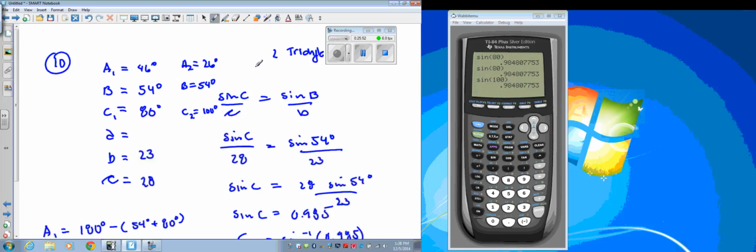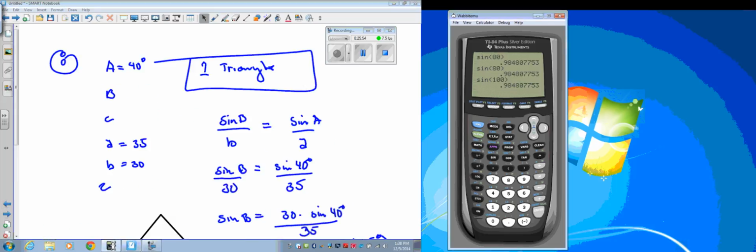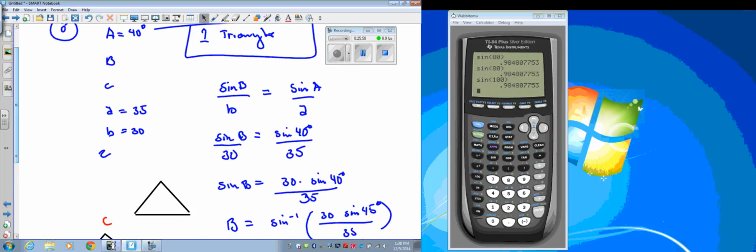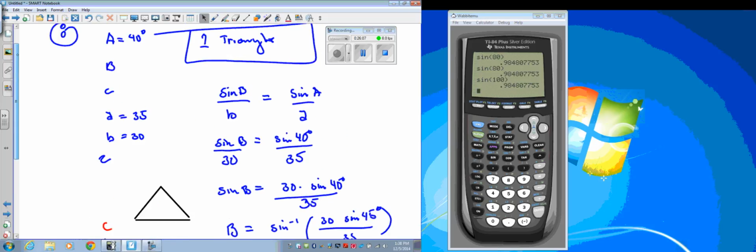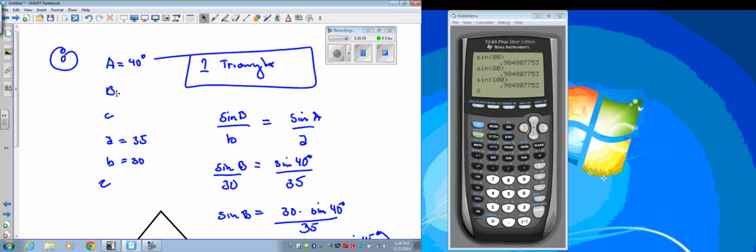I should go back to this one and show you why this one doesn't work. You see, if we go back and we get this B, B1 can be 33.4. I don't want to do all that decimal stuff.